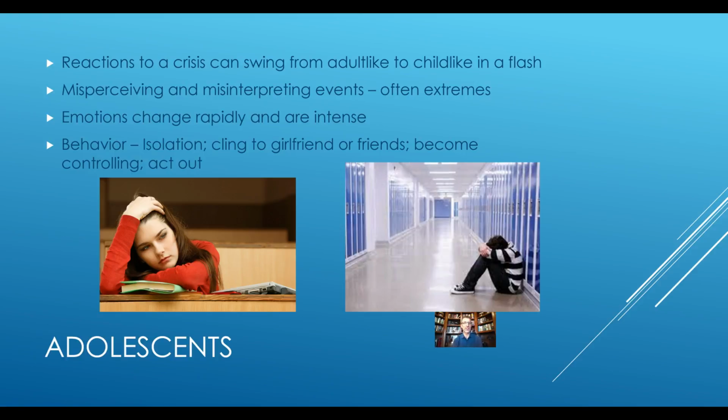I just love teenagers. One second they can sound very mature and adult-like in their dealings with a crisis, and the next minute they're crying and talking like a little kid about it. Just understand that's normal and work with them, and it's fine. They can misinterpret and perceive events wrongly, and when I say wrongly, I'm talking about two extremes, right?